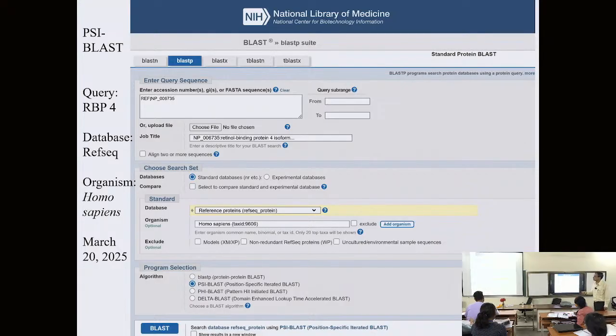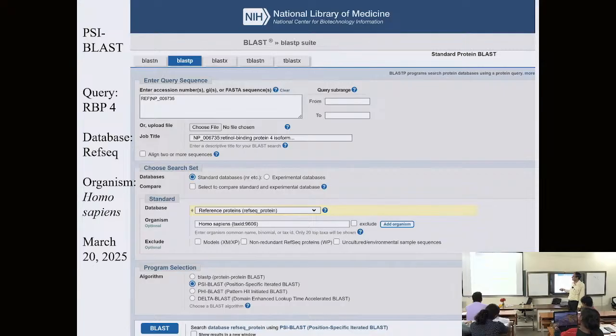But use the RefSeq database, and it's better to use the organism Homo sapiens. So you will select organism here, Homo sapiens, because let's focus on that, otherwise you will get so many hits. You want to find the homologs of retinol binding protein in the human genome.